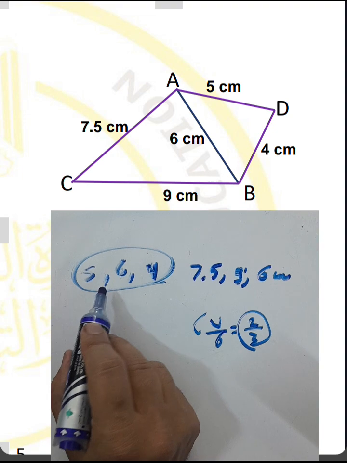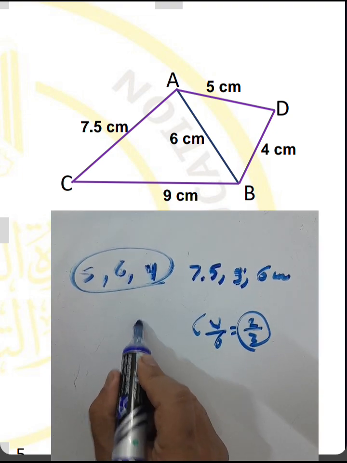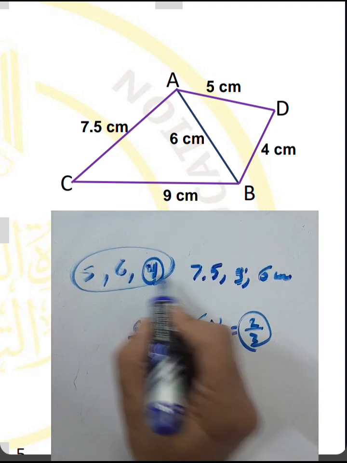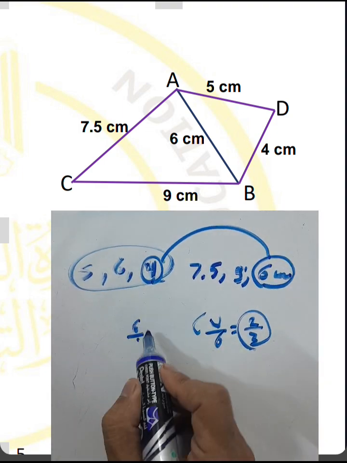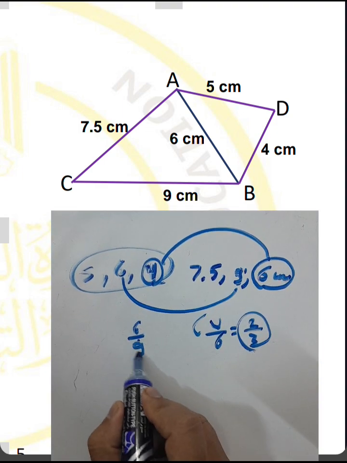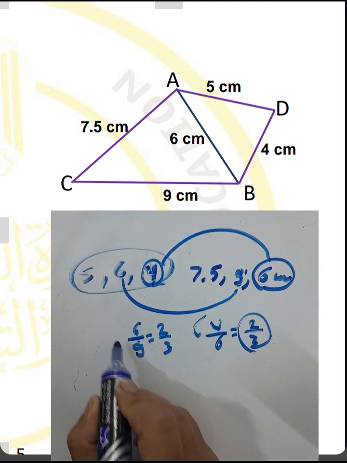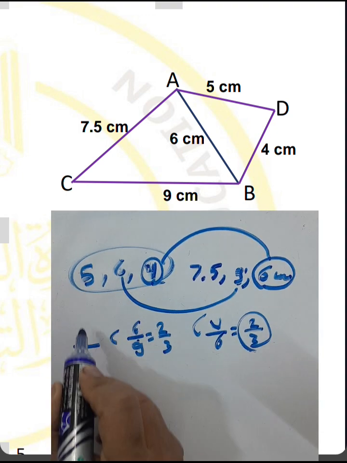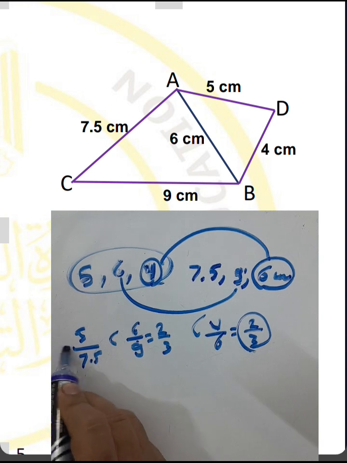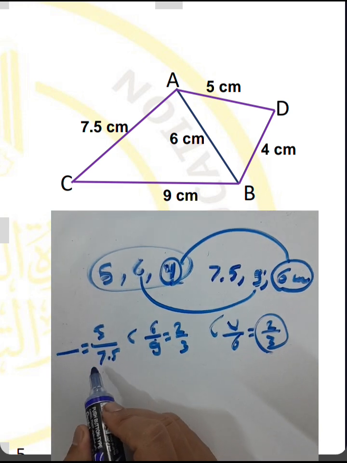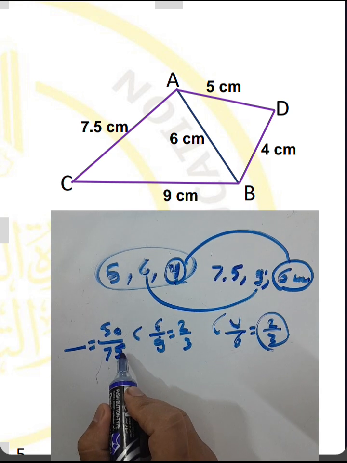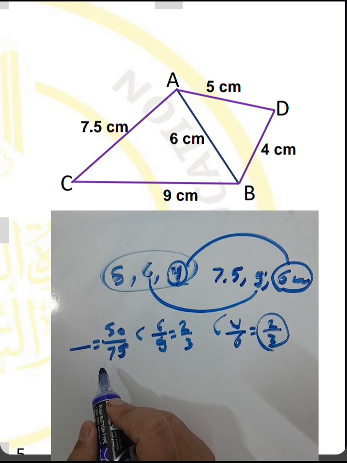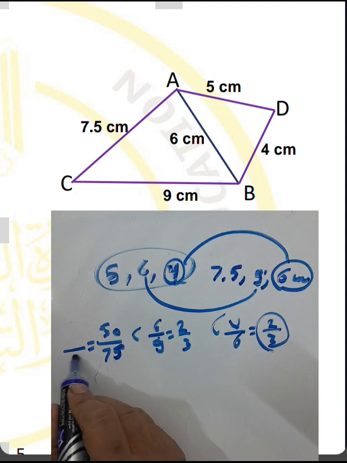And here 6 over 9, divided by 3, will be 2 over 3. And 5 over 7.5, we can simply multiply by 10, it will be 50 divided by 75, and then you can divide it by 25, it will be 2 over 3.